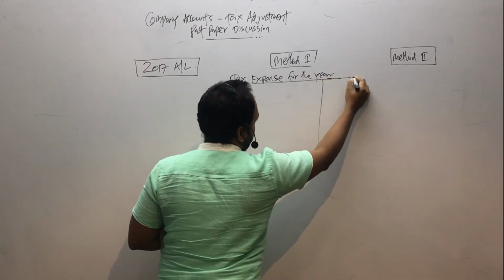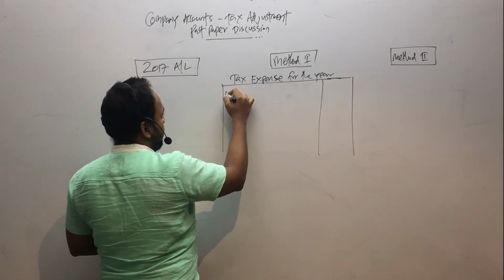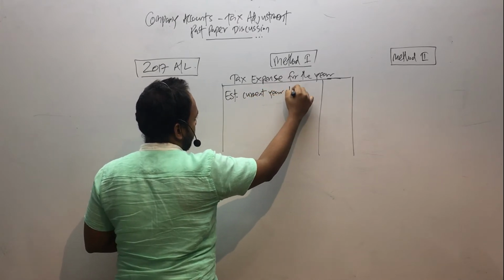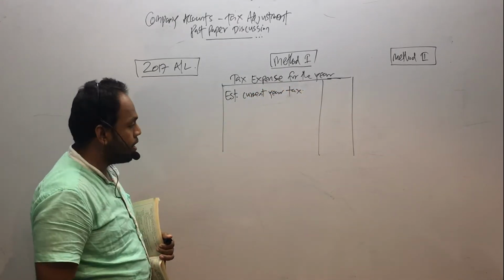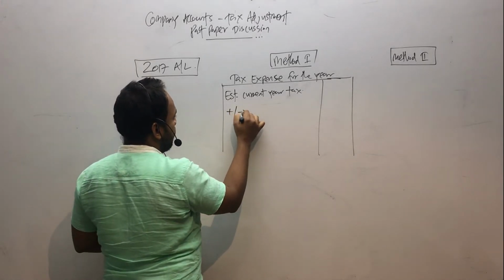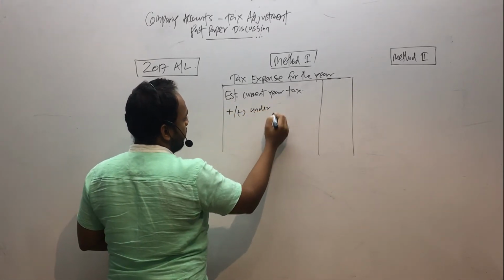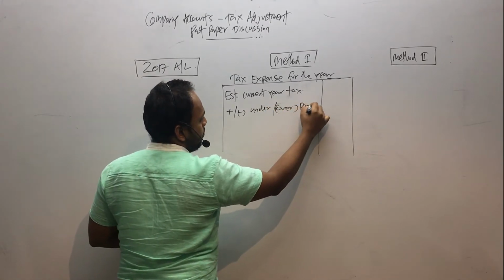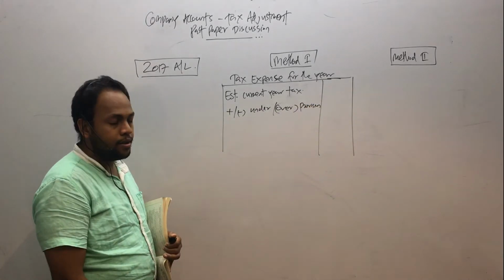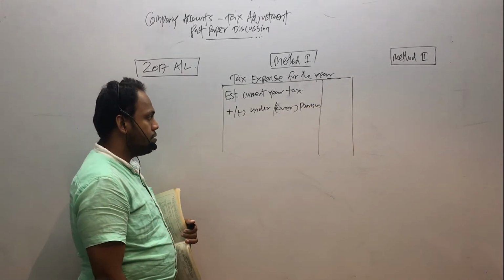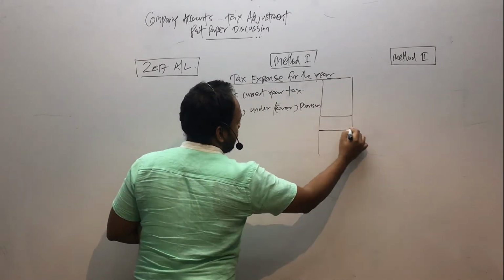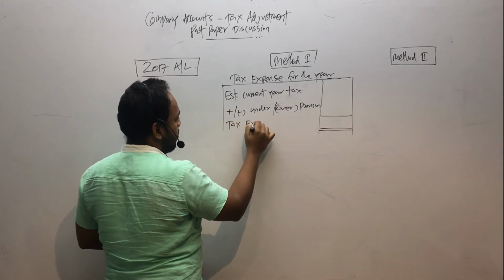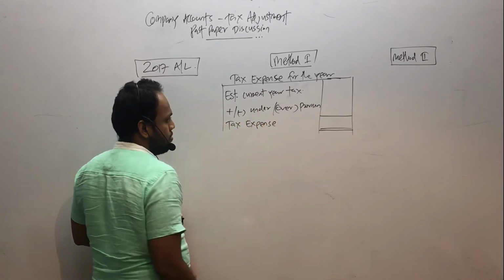Estimated current year tax, plus or minus: if it is under provision, we will add, and if it is over provision, we will deduct. Estimated current year tax plus or minus under or over provision. The answer will be the tax expense.